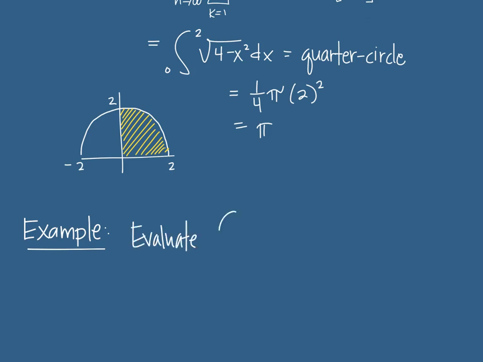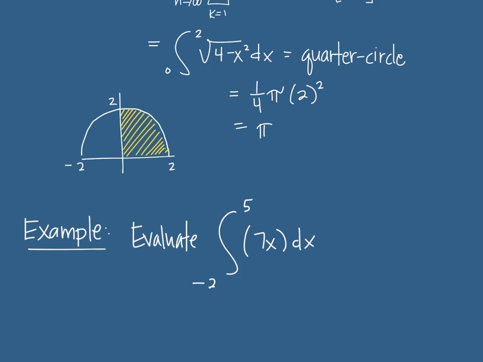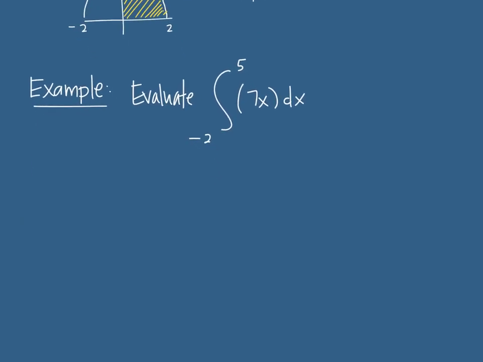All right, evaluate. I'm just going to give it to you in integral form, from -2 to 5 of 7x with respect to the x-axis. By the way, if they ever say dy, then everything is going to be with respect to the y-axis. You've got to find the geometry that way. All right, so we're going to just draw this.